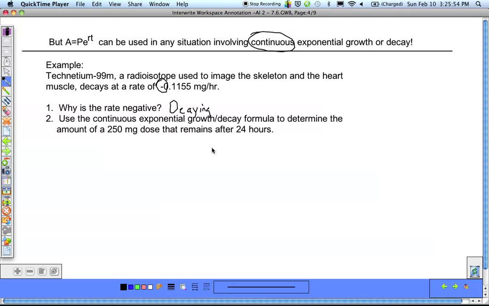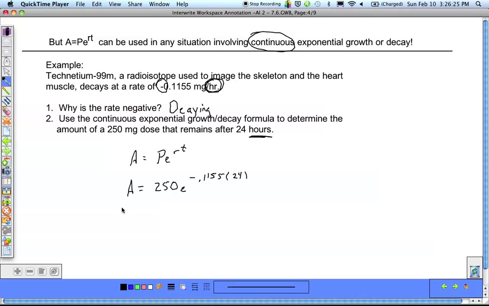So let's use this to determine how much is going to be left after 24 hours. We're going to go A equals P e raised to the rt, because we are dealing with continuous growth and decay. The initial amount that we started with is 250. e raised to our rate, negative 0.1155, and our time is 24 hours, which we can put in as 24 because the rate decays per hour, so we want the time to match that.